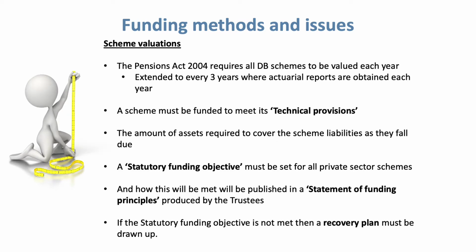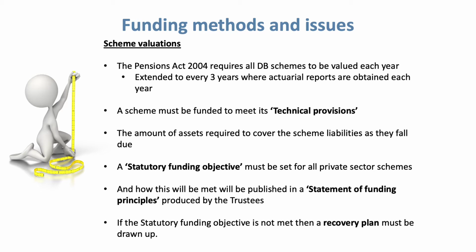The scheme is going to need to be valued as well. So the Pensions Act 2004 requires all DB pension schemes to be valued each year. This is extended to every 3 years where actuarial reports are being obtained on funding, but a scheme must essentially meet what's known as its technical provisions, and this is the amount of assets required to cover the scheme liabilities as they fall due.